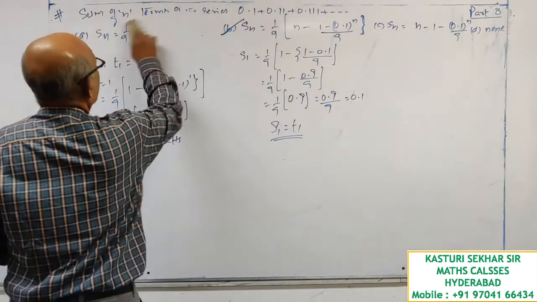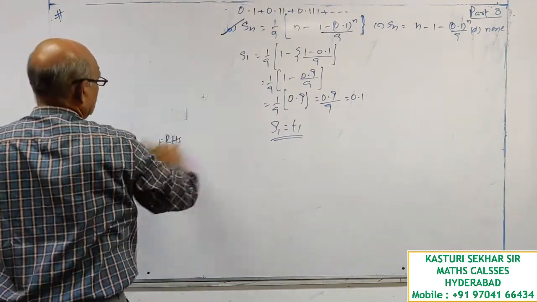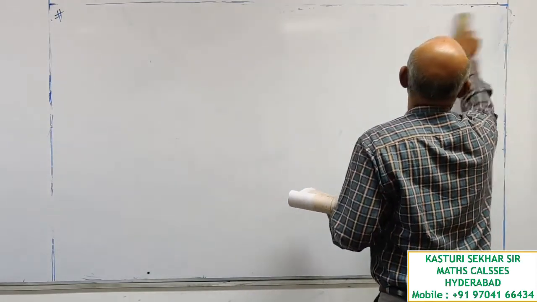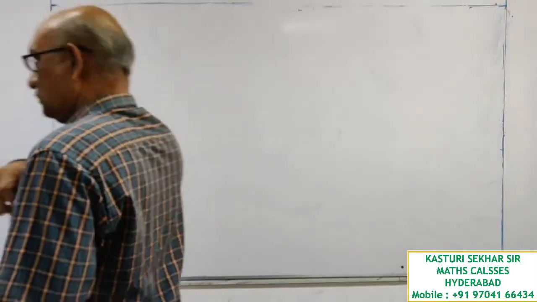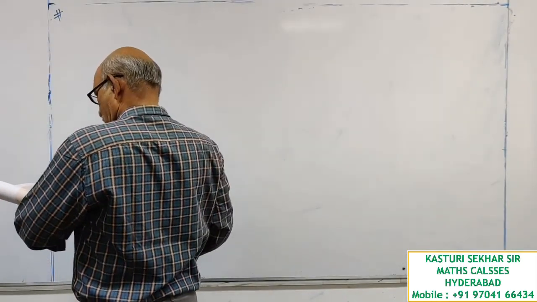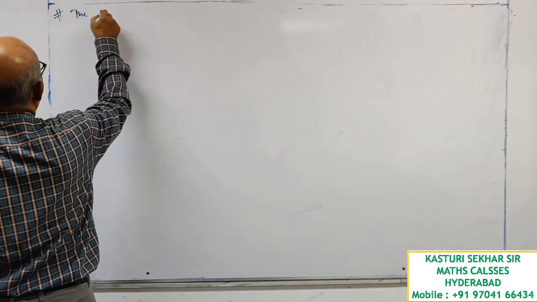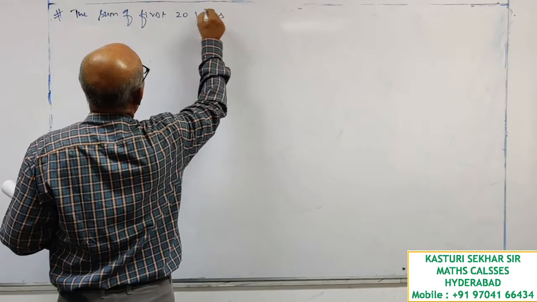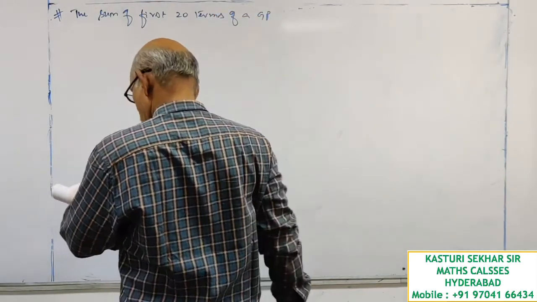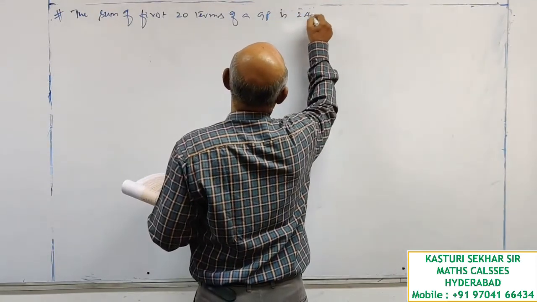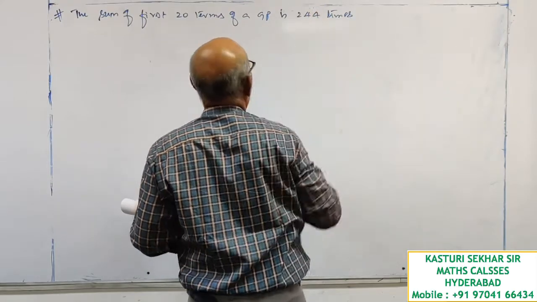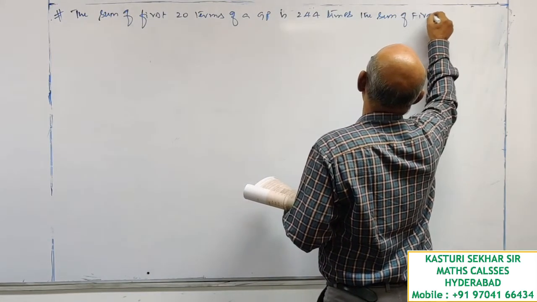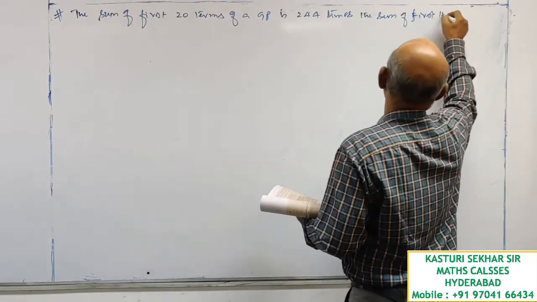Okay, let's see the next question. The sum of the first 20 terms of a GP is 244 times the sum of the first 10 terms.